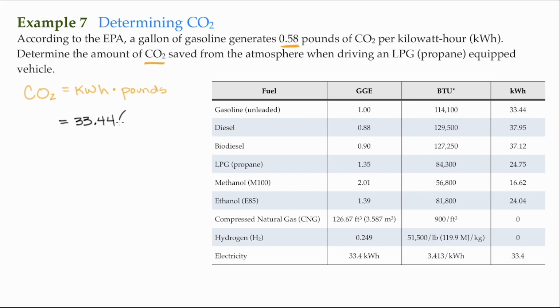So we're just going to multiply this to the 0.58. So a gallon of gasoline will generate about 19.4 pounds, or emit about 19.4 pounds of CO2 per gallon of gasoline.